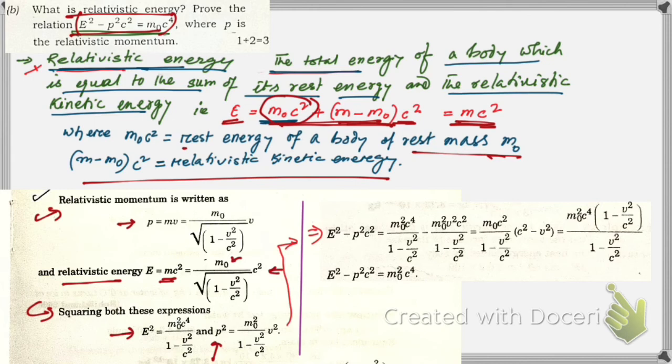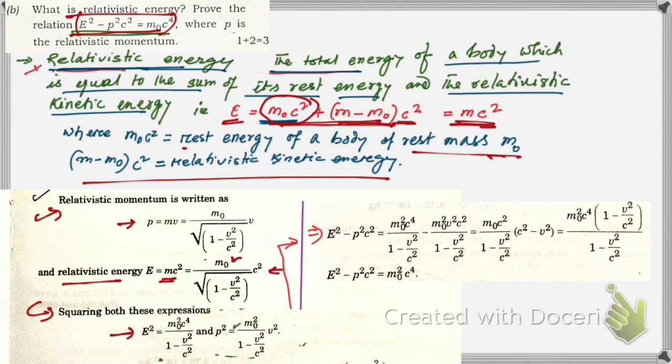Then we multiply by c. You can see we have multiplied c square here and here also: c square times p square, and c square is multiplied on the other side of this equation as well. Then we subtract these two.